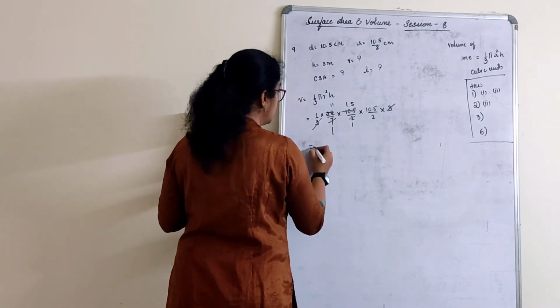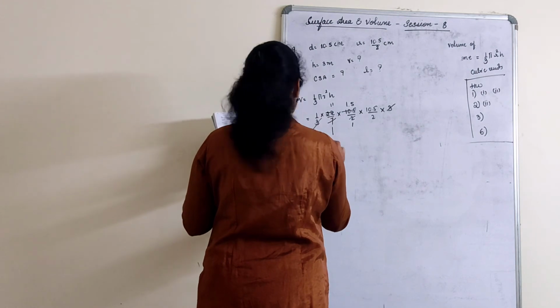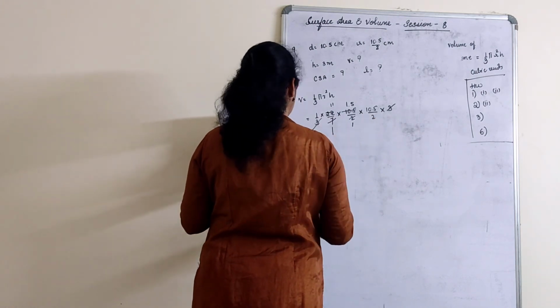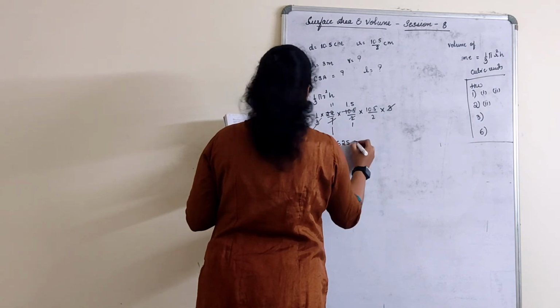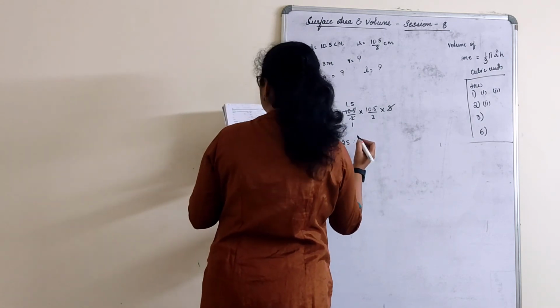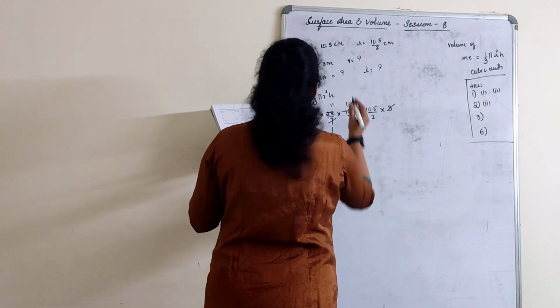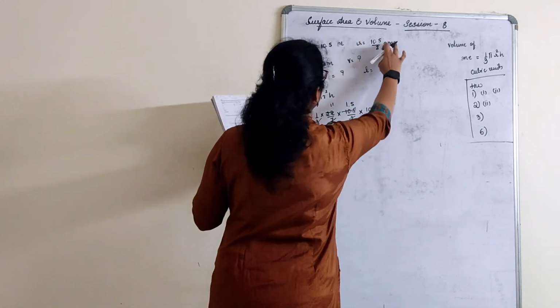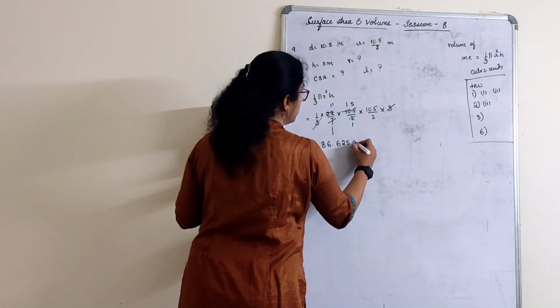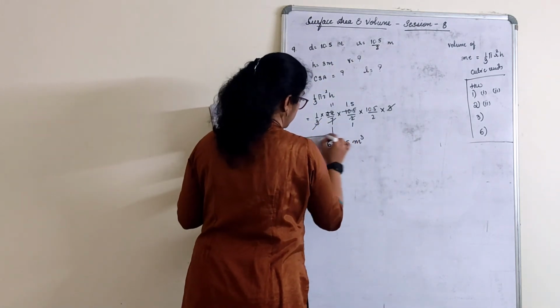Okay. Further you can't do any cancellation. Direct answer what you get, multiply that. 1 divided by 2 is there. 86.625 meter or centimeter it is, children. Let me just check. Yeah, it's in meter. Whose diameter is in meter, everything is in terms of meter. Okay. Meter cube.